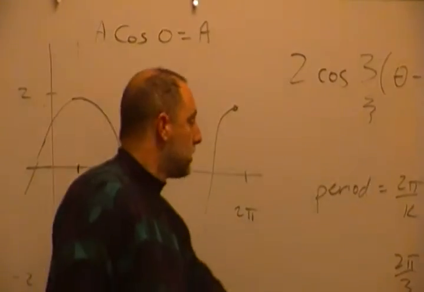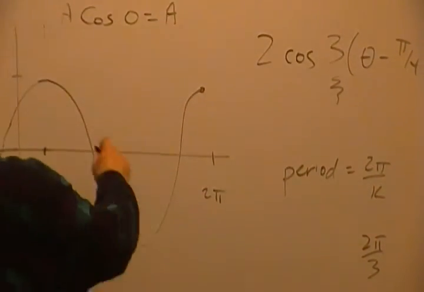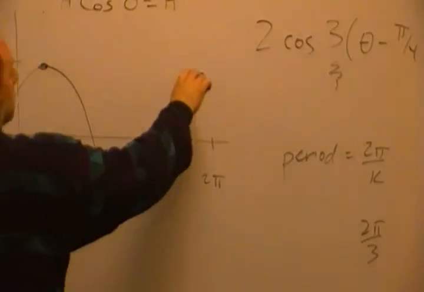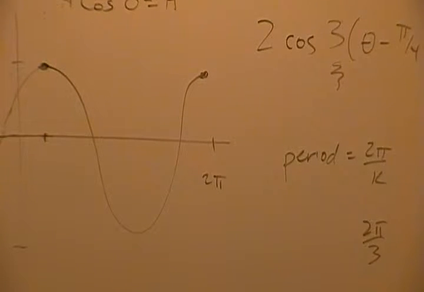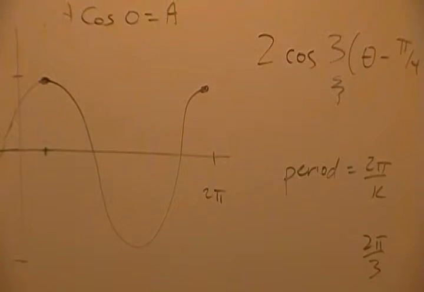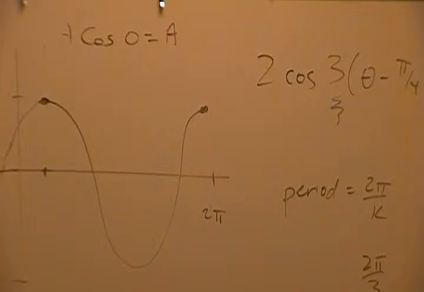So the question is, how big is it from here to here? It would be 2 pi over 3. Are you sure? Let me see. Did I pull that the wrong way? We moved the whole graph to the right, pi over 4.